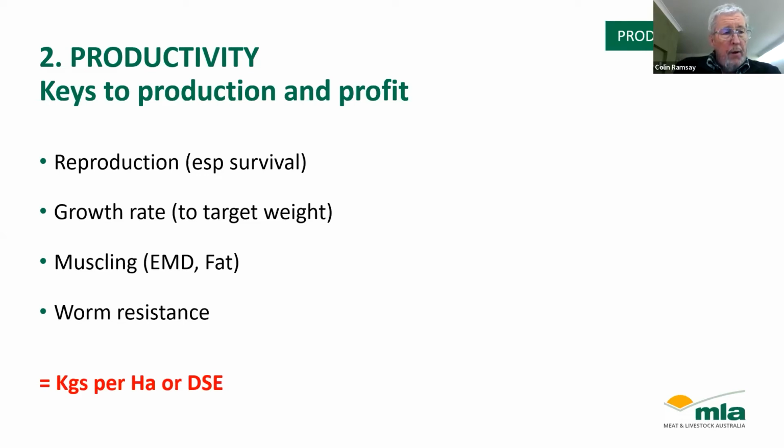If there's one most horrendous threat which will chuck you out of the industry in disgust, it's worm control in bad worm areas. So it is really, really an important thing, though most of the production in Australia comes from areas where worms are not normally an issue. So that's what drives your production and profit. There's no escape. It's reproduction, growth rate, muscling, and worms if you're in that area.